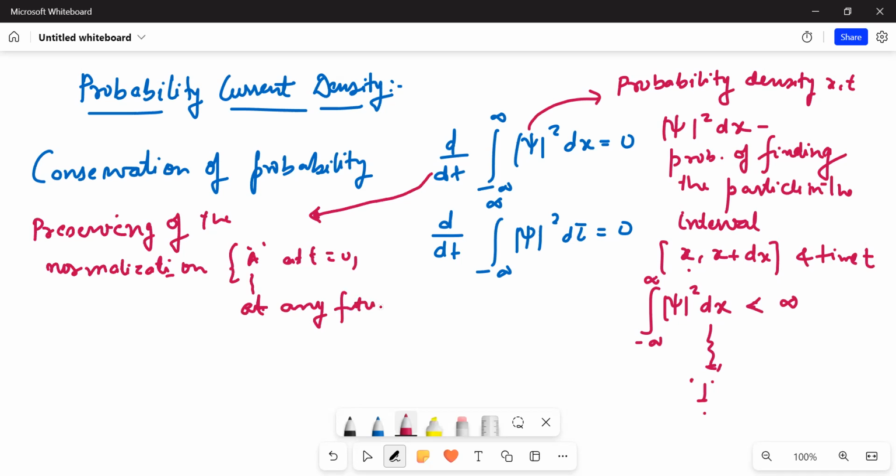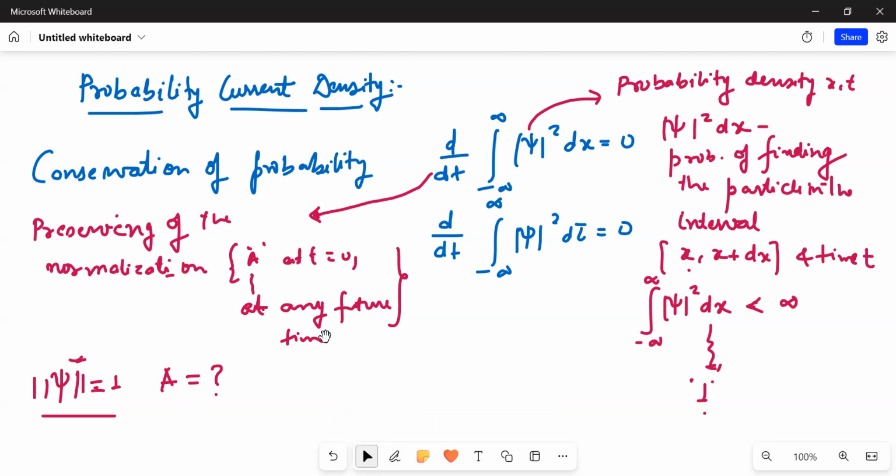Because it is only after you take the norm of psi and set it equal to 1 that you get the value of a. And if this norm is 1 throughout and does not change with respect to time, which is what we did yesterday, then if we normalize our wave function at t equal to 0, it remains normalized forever for all future times.